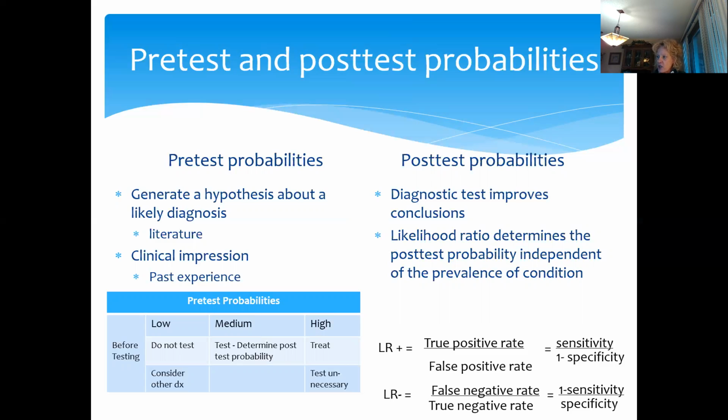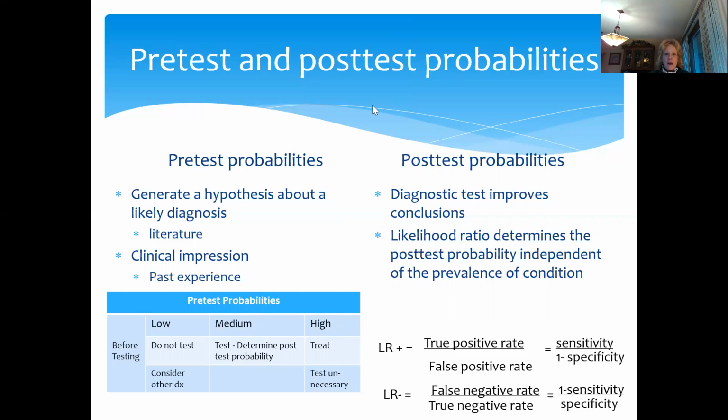The likelihood ratio has an advantage over the sensitivity and specificity and the predictive value because it's independent of the prevalence of the disease. So those are just things to keep in mind. And our abbreviation then for the likelihood ratio is this label here, the LR positive. So that's a positive likelihood ratio, and this is a negative likelihood ratio.